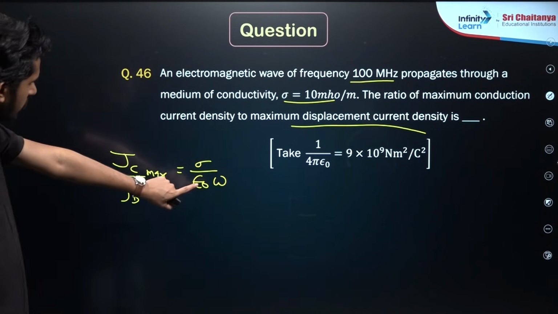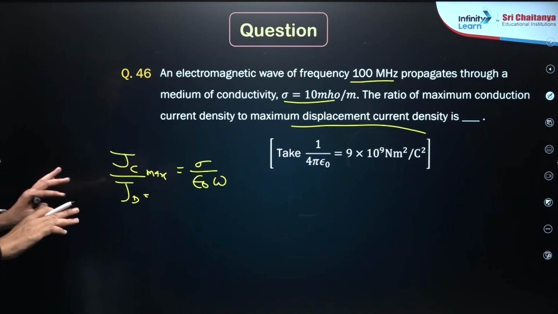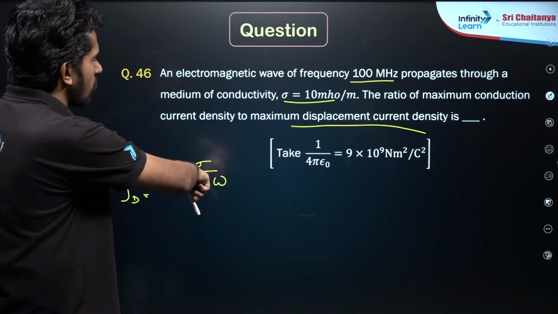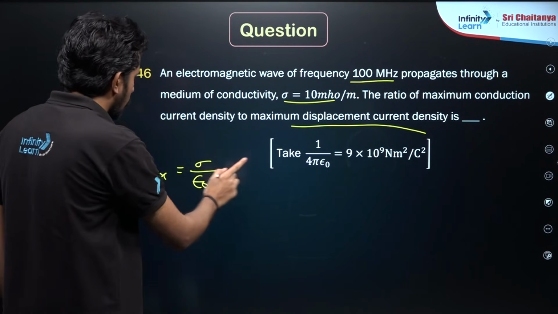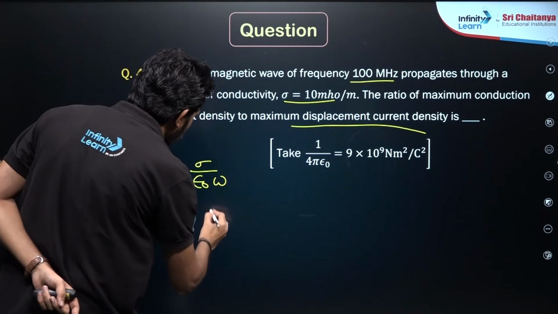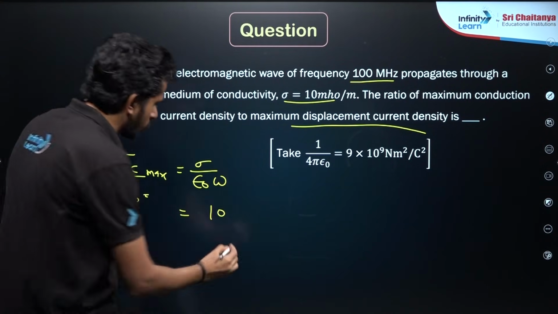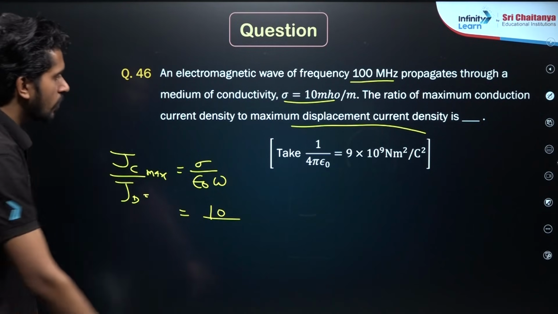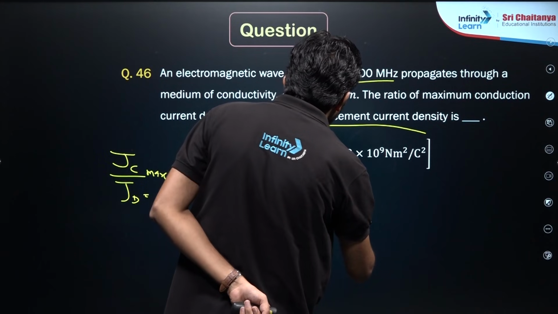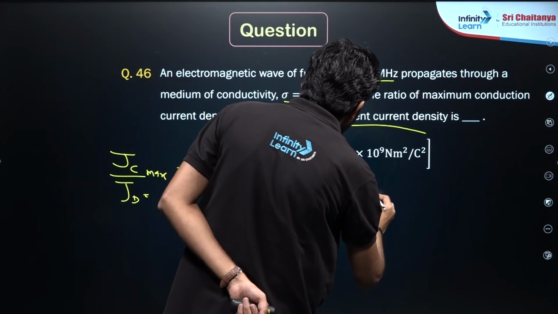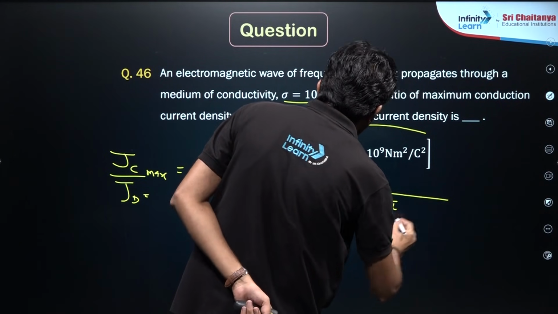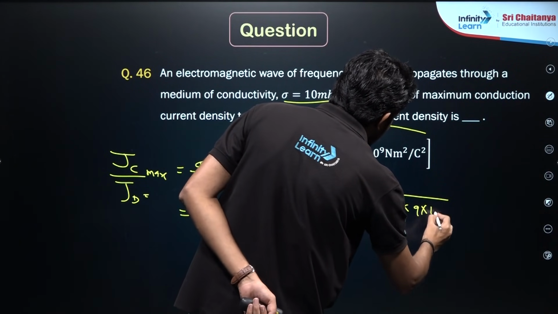Basically that is epsilon only, but as epsilon is not mentioned, okay, so I am going to take epsilon naught only. Okay, so let's write here sigma value is 10 mho per meter, okay, in SI unit. Then epsilon naught, so from here epsilon naught would be 1 upon 4 pi into 9 into 10 raised to 9.